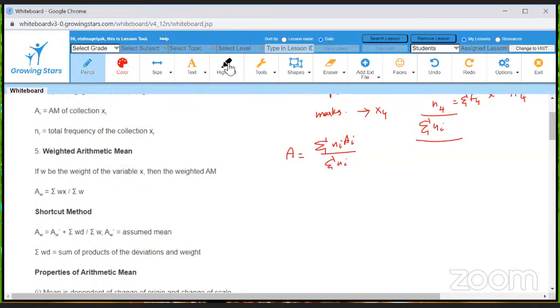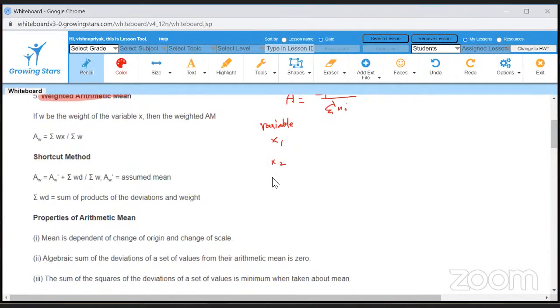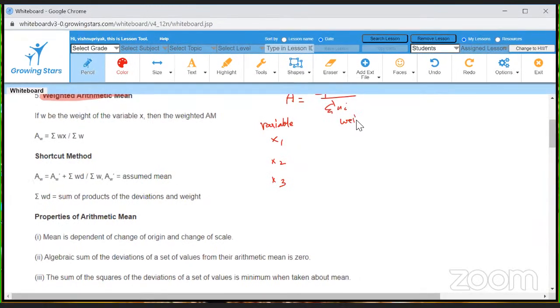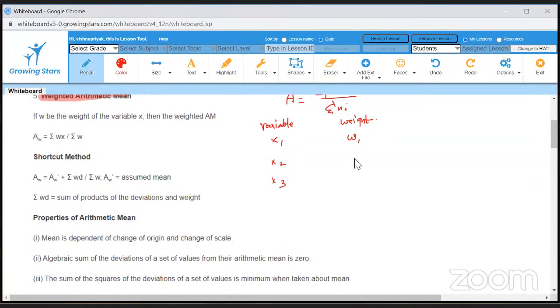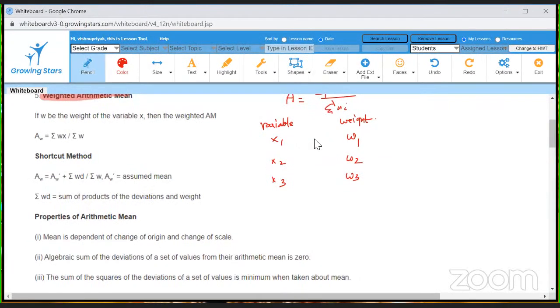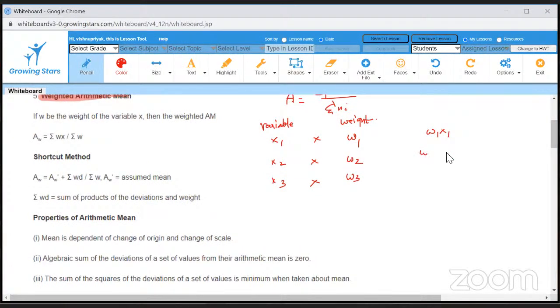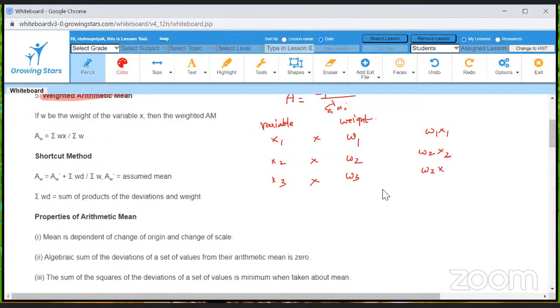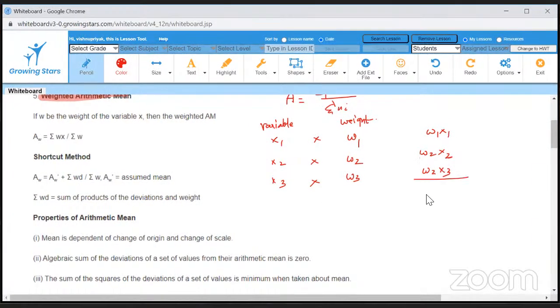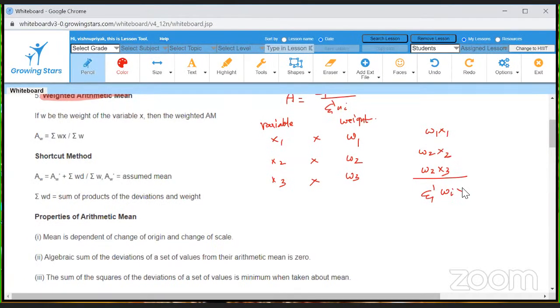The next is weighted arithmetic mean. If W is the weight of each variable X, suppose you have variables X1, X2, X3, then for each variable there is a weight W1, W2, W3. You will multiply W1 X1, W2 X2, W3 X3, and take the sum, sigma Wi Xi.